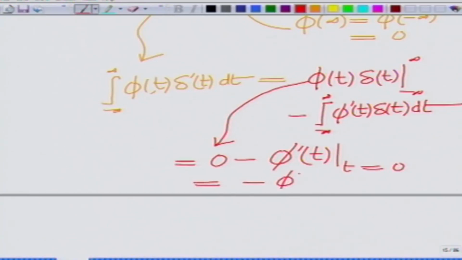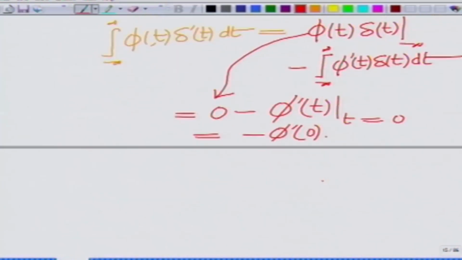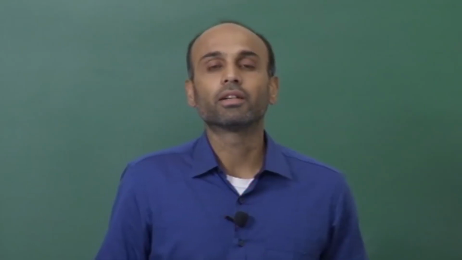So this is minus phi prime of 0, that is d phi by dt evaluated at t equal to 0. That is your answer: the integral of phi of t delta prime t dt is minus phi prime of 0. Okay, so basically that is the solution to the problem.